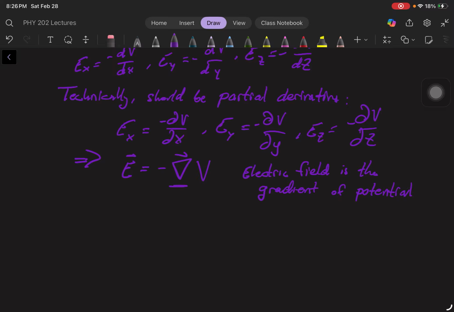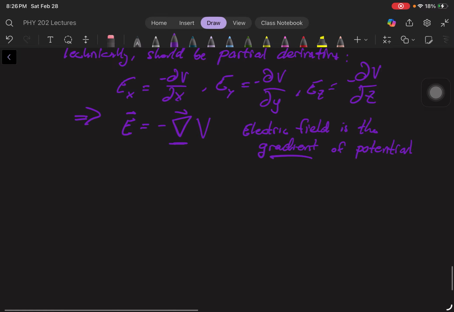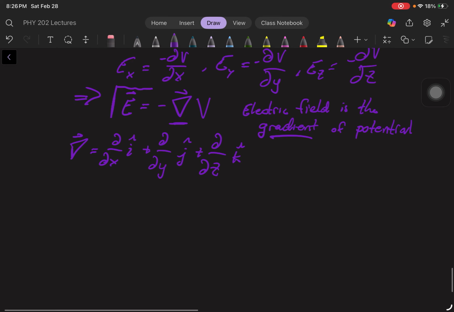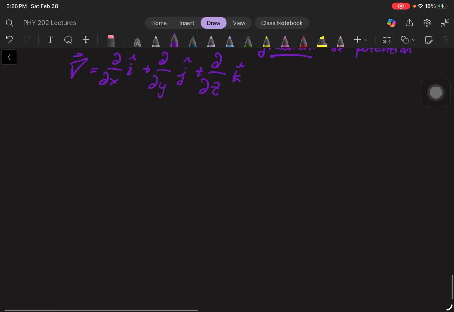Anytime you multiply by the del operator like that, that's called the gradient when you do it to a scalar. And so just to make sure everyone's on the same page, this is that operator. Okay. All right, let's put the box around this equation because that's just a beauty right there.